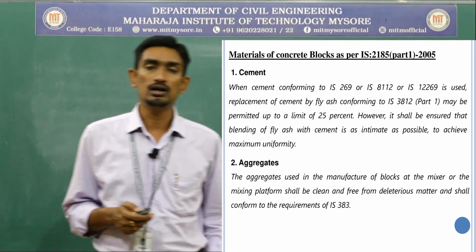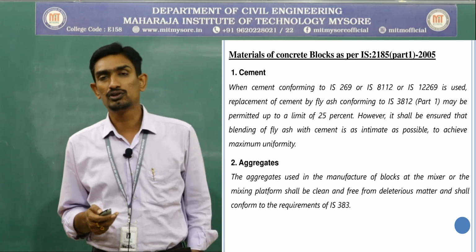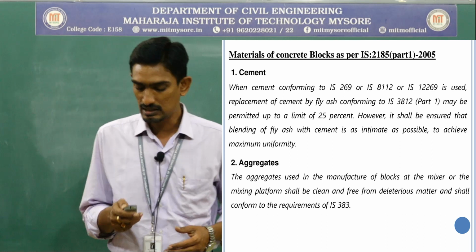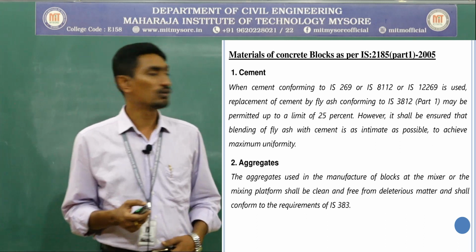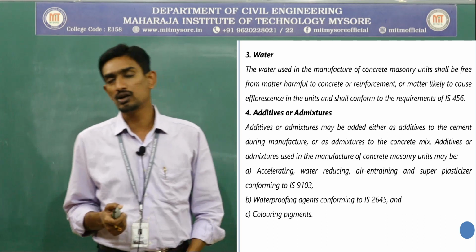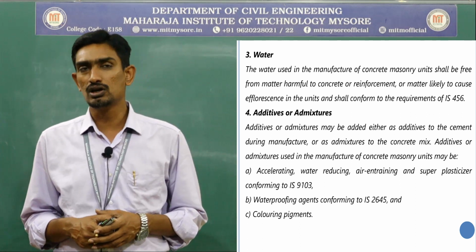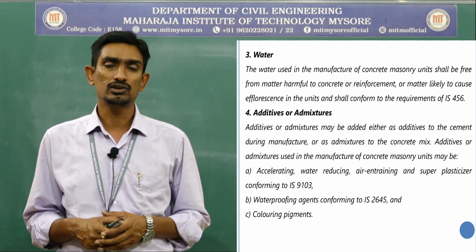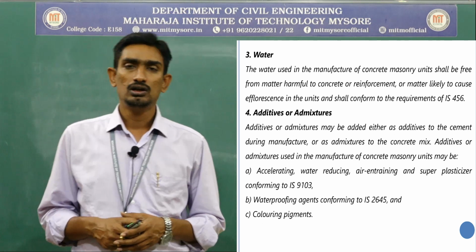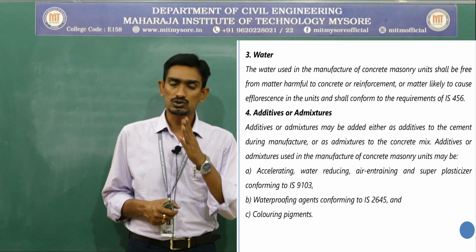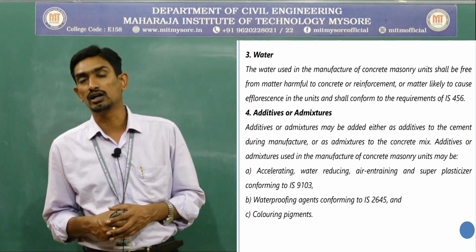I think I have told you about the aggregates, that is both fine aggregate and coarse aggregate, which we use apart from cement. Next, as I told, water is a predominant use, and we need to be very cautious here, because only water which is fit for drinking should be used for concrete. Why?